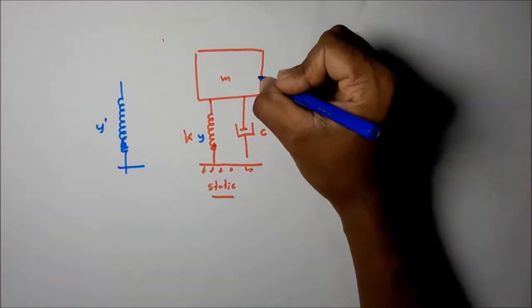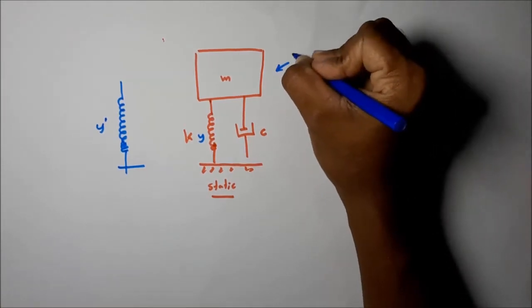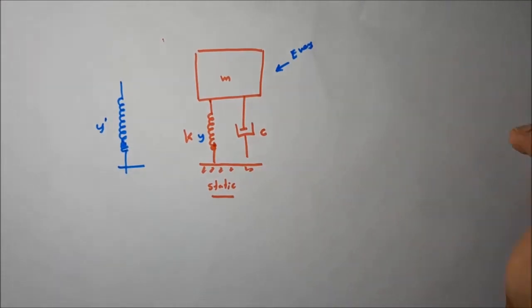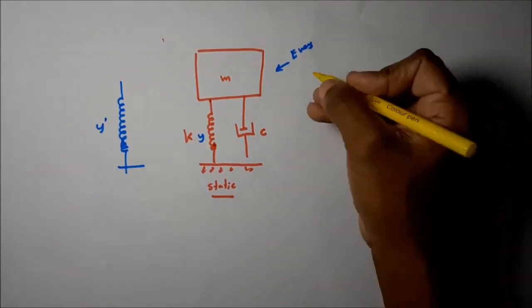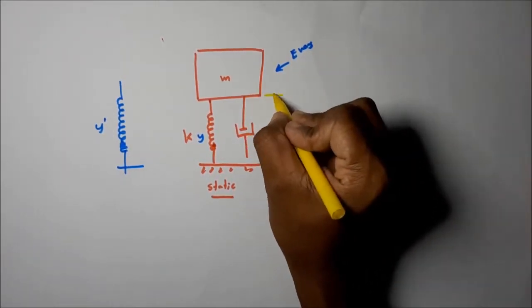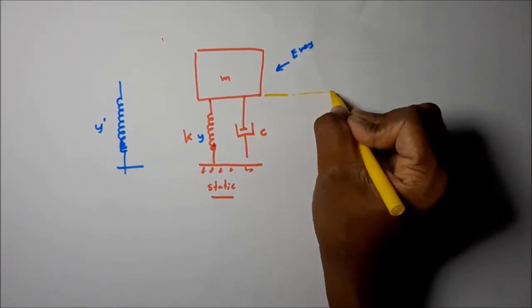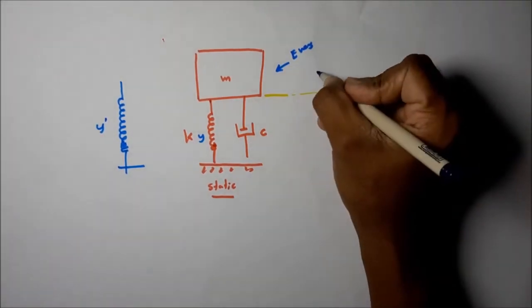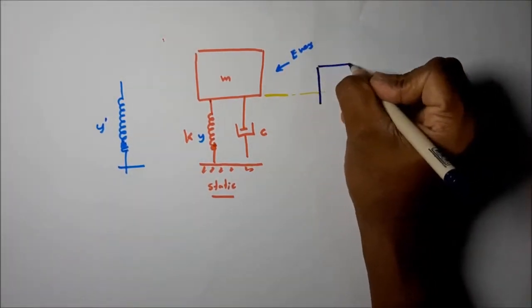Then for this system, let's take that we give certain energy. Then the system starts vibration. Let's take a certain situation. This is the level from which we are going to measure the distance from the equilibrium position. Then let's take a certain situation in vibration.